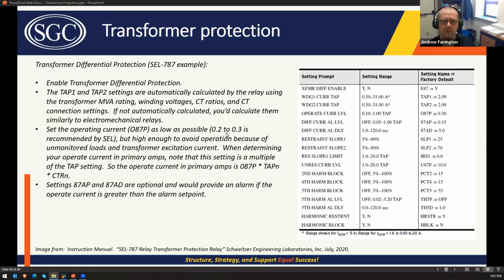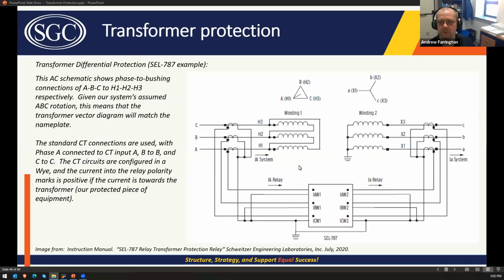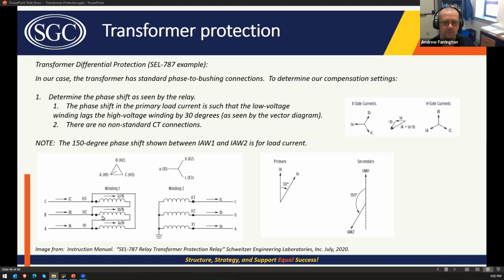And what's important to note about this is that it's in per unit. So it's actually the pickup multiplied by your particular tap. Tap 1 is for winding 1, which on our relay is connected to the high voltage delta winding.